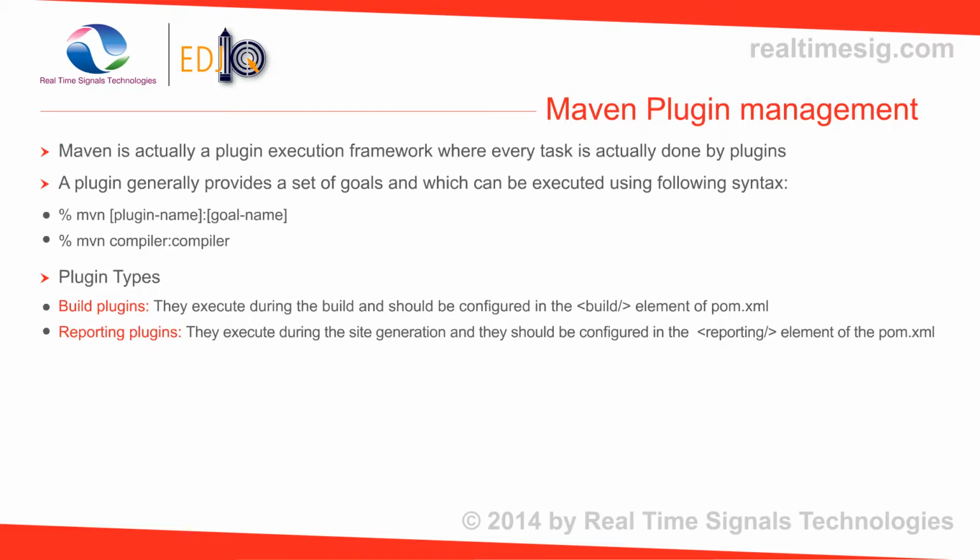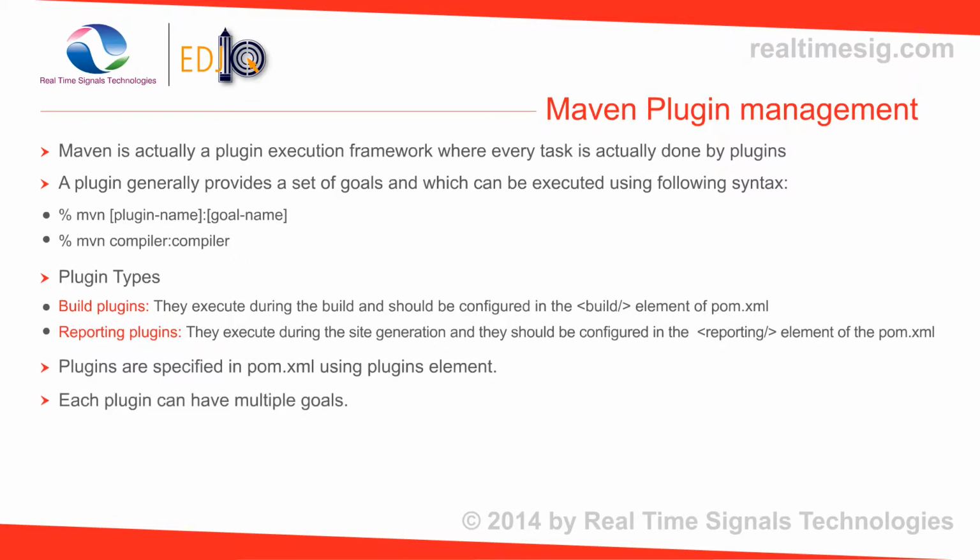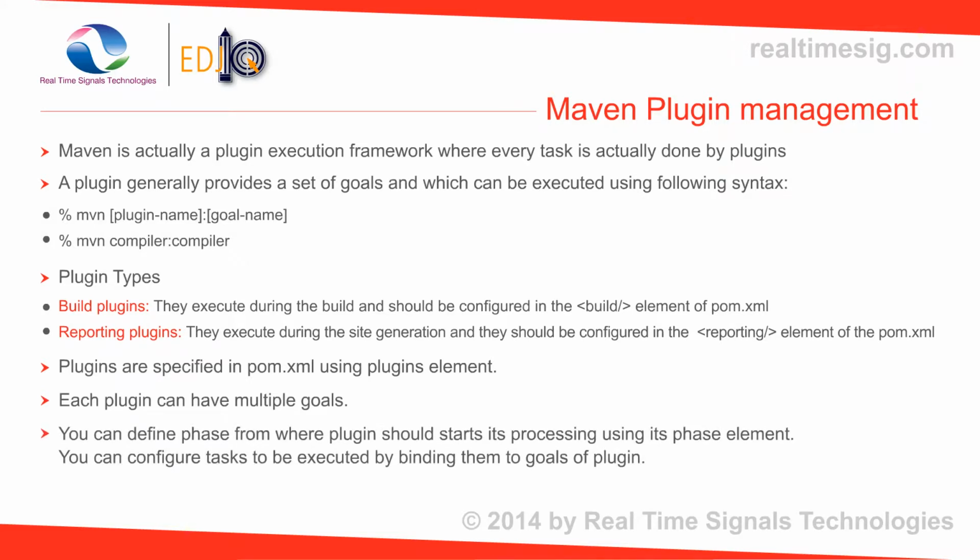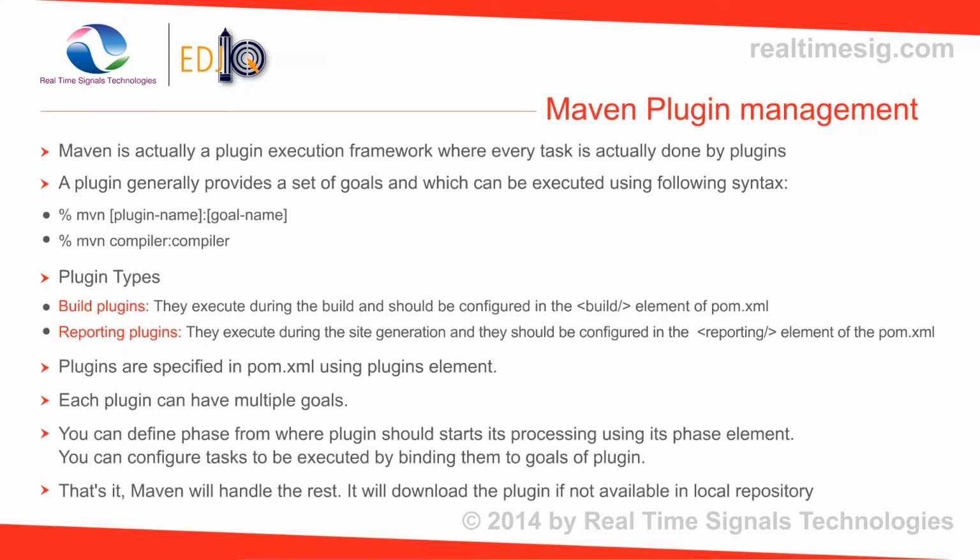A plugin generally provides a set of goals, which can be executed using the following syntax: mvn [plugin-name]:[goal-name]. For example, a Java project can be compiled with the Maven compiler plugin's compile goal by running the following command: mvn compiler:compile. Plugin types: 1.